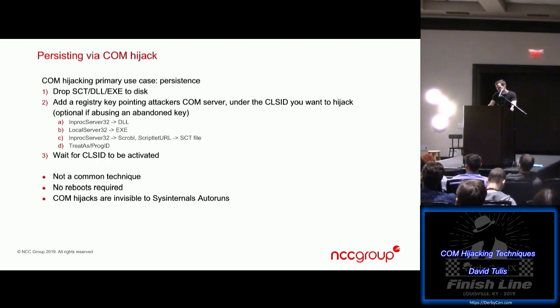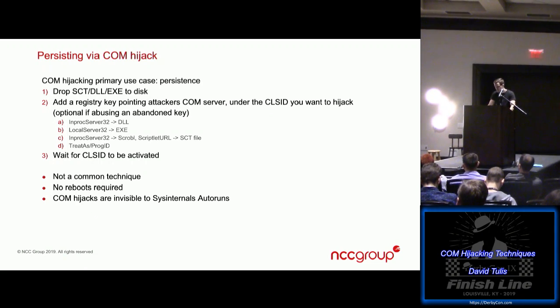So where can we use COM hijacks in our attack chain? As demonstrated, COM hijacks are exploited by dropping a DLL to disk, maybe making some registry key additions in the HKCU hive. We have several different options available for which keys we add and what kind of files we want to drop to disk. We chose class IDs, which were often activated because as an attacker, I have an interest in having my code persistently run on a machine across reboots.